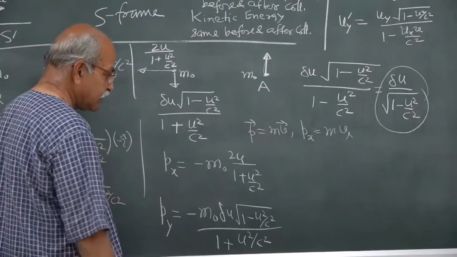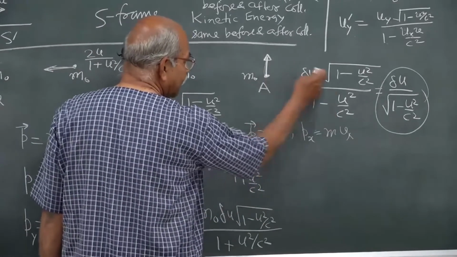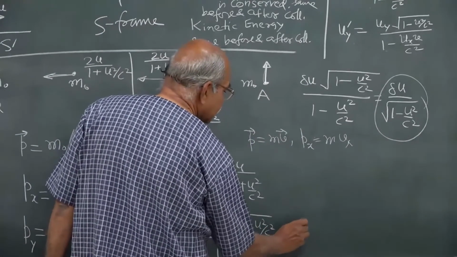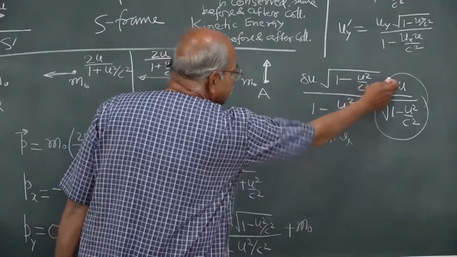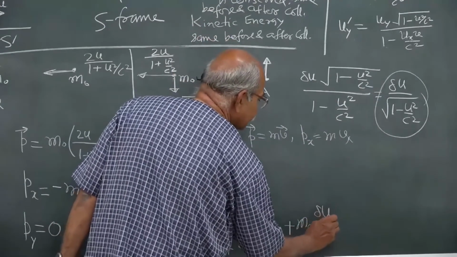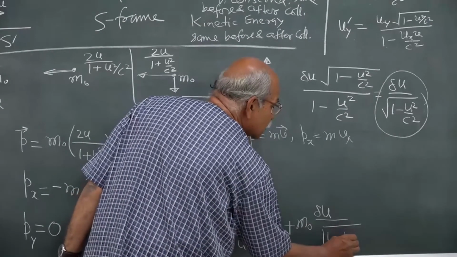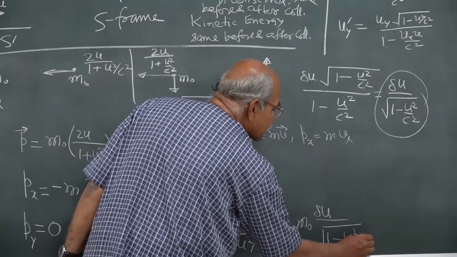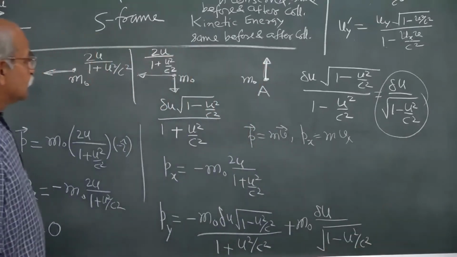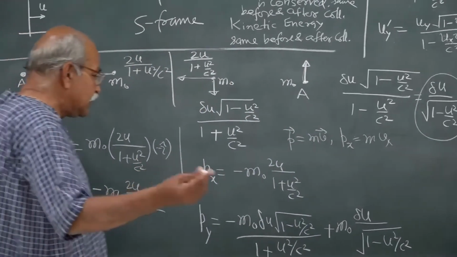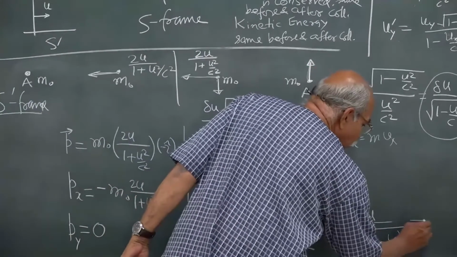This will be py here, and from here py is this, so plus m naught and then delta u divided by the square root of 1 minus u square by c square. So you can see that this is not 0.